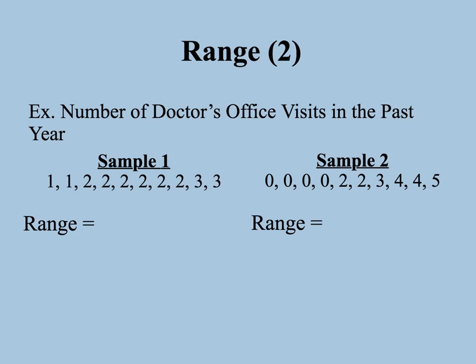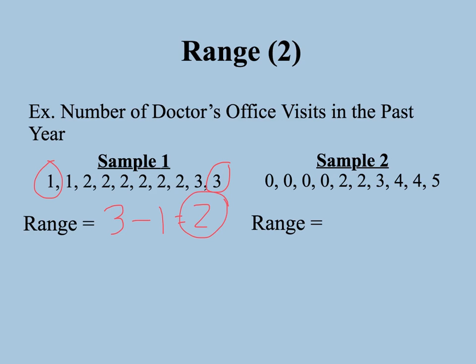Let's take our previous examples using data from our two samples. To find the range of sample 1, we would identify the highest observation, in this case 3, and the lowest observation of 1, and subtract the two to find a range of 2.